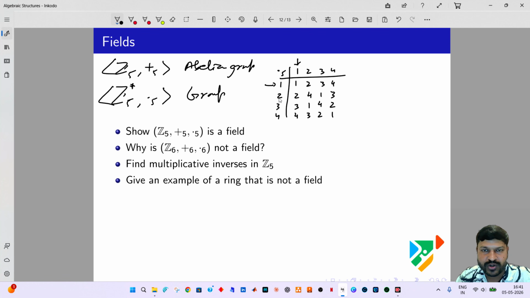What about 2, 3, 4? For 2, when you multiply with 3, you get 1. That means 2 and 3 are inverses of each other. What about 4? 4 is the inverse of itself. When you multiply 4 with 4, you get 1. So hence, it has an identity element and every element has an inverse.